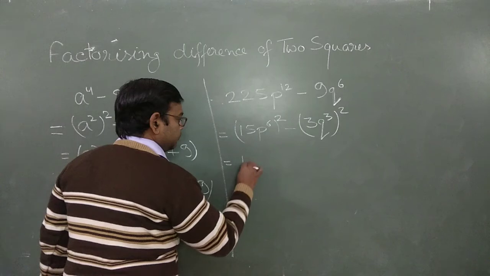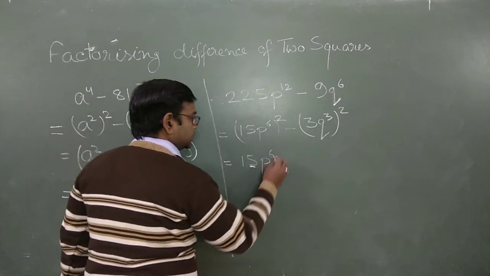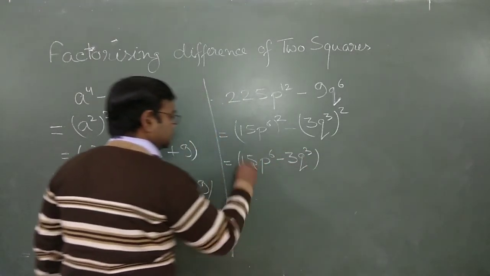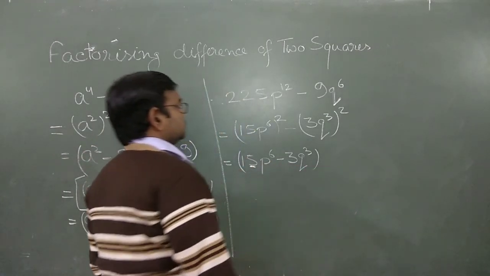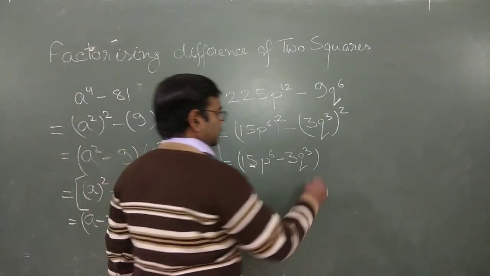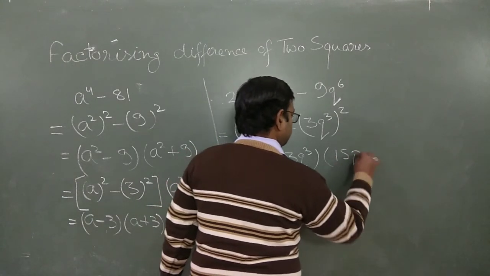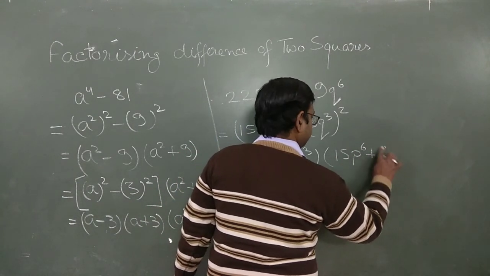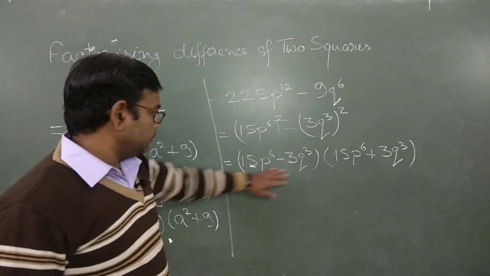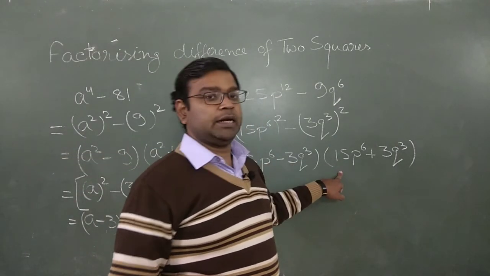So we can write down 15 p to the power 6 minus 3 q to the power 3, or we can write down 15 p to the power 6 plus 3 q to the power 3. Now from this factor we can take 3 common, and from this factor again we can take 3 common.